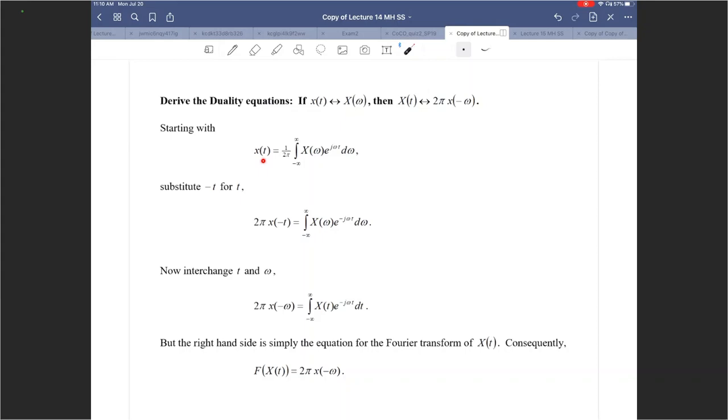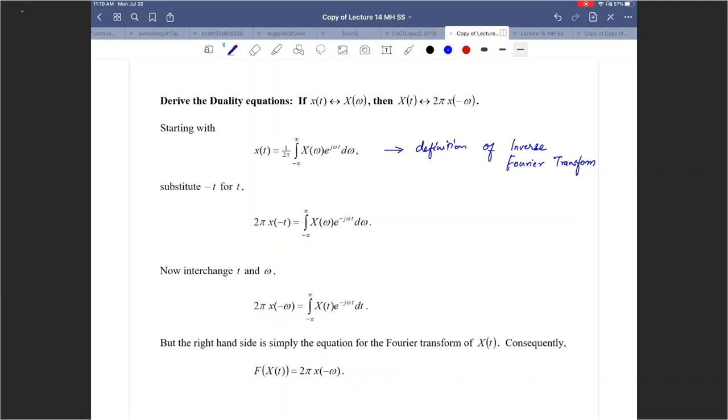Okay, let's go back to the proof. Starting with x of t, what is this? This is the definition of inverse Fourier transform. x of t can be written as 1 divided by 2 pi integration over all omega cap X of omega e to the plus j omega t d omega.